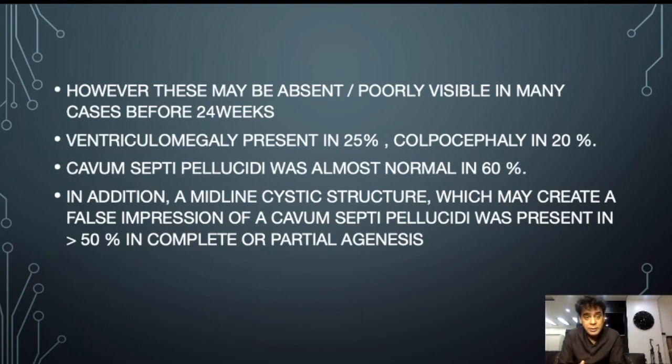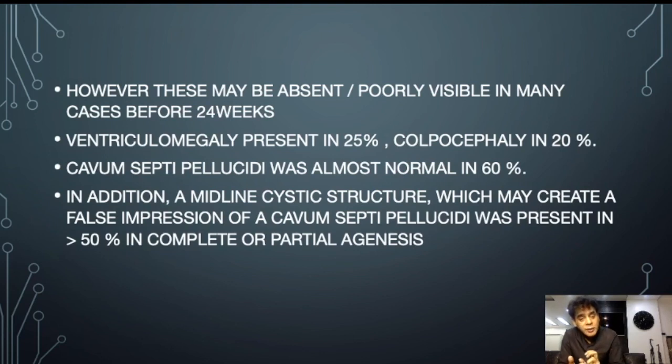At times what happens, instead of cavum septum pellucidum, we see a cystic area in the center, almost in the same position, which is also referred to as pseudocavum, which is not a cavum septum pellucidum, and it is falsely interpreted as a cavum septum pellucidum. Now this pseudocavum type of a thing may represent either a third ventricle or interhemispheric cyst, or at times a distorted cavum septum pellucidum.